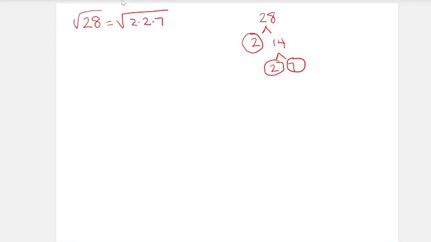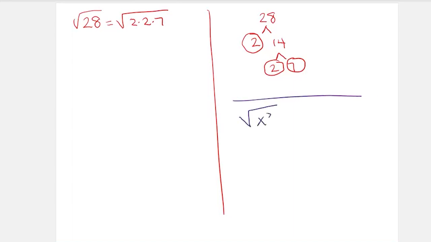Okay? And then hopefully you know that if you have the square root of x squared, you have to make sure that x is greater than or equal to 0.